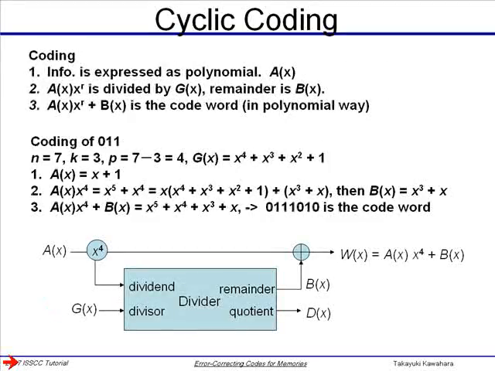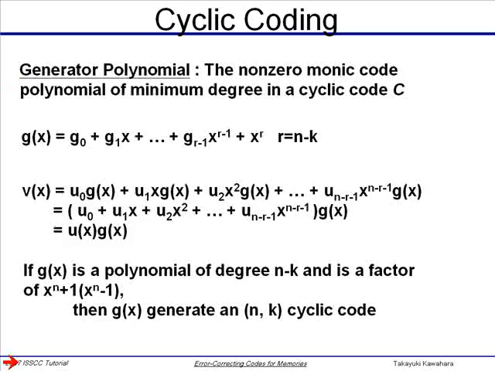Please be patient with the example. The information is first expressed as a polynomial. Then we multiply by x to the power of r, where the code length is n and the element scale is r.